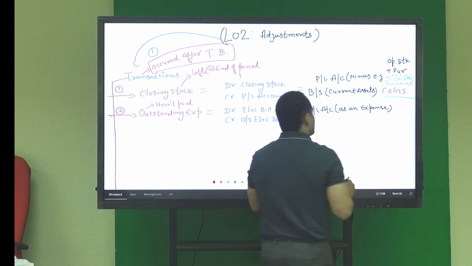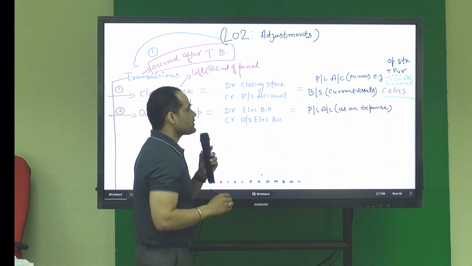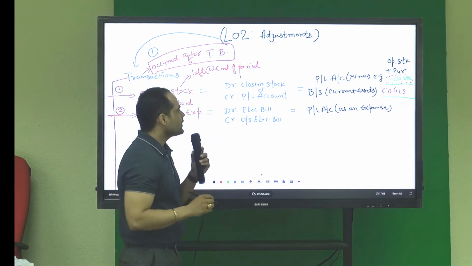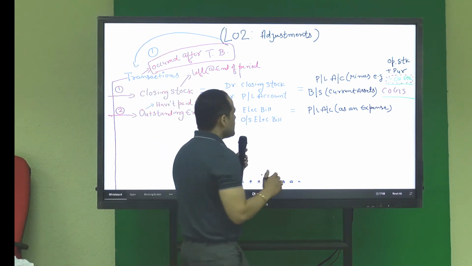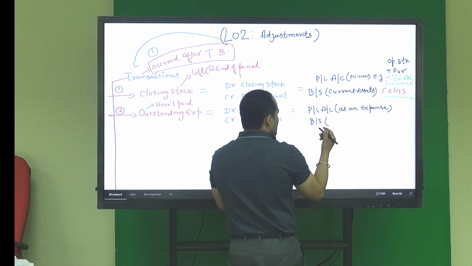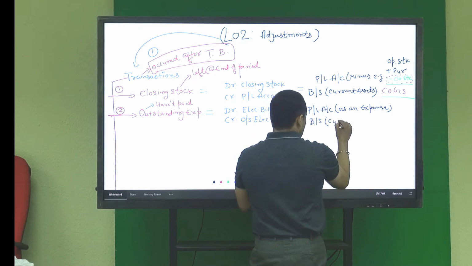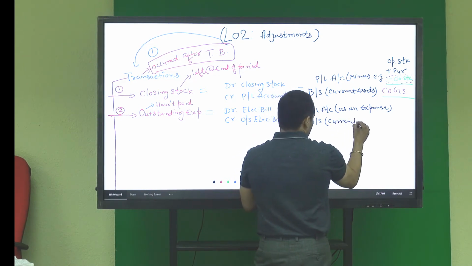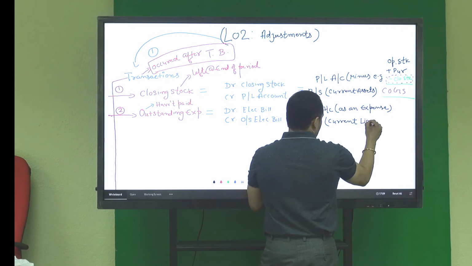So it will be recorded as an expense in your profit and loss account. Alright? And in your balance sheet, it will be treated as a current liability.